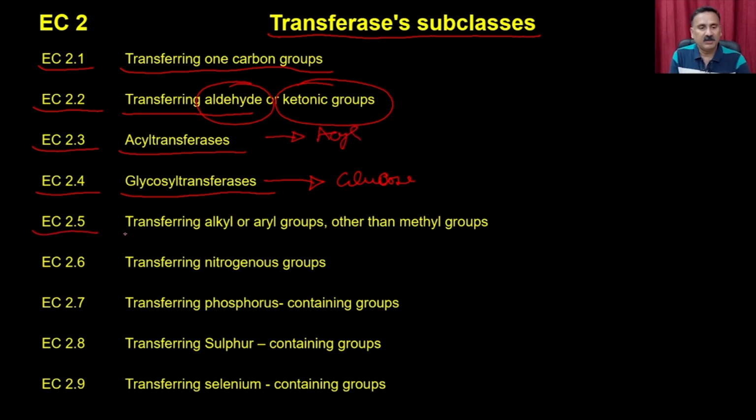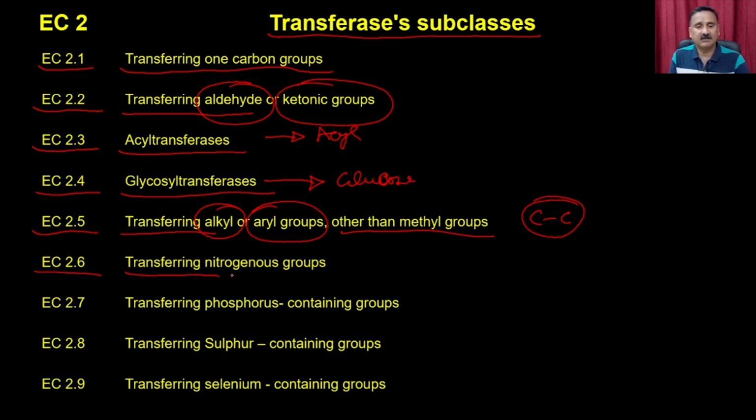Then we have EC2.5. These transfer alkyl or aryl groups, which means they transfer carbon groups other than methyl groups. Then EC2.6 enzymes transfer nitrogenous groups. EC2.7 enzymes transfer phosphorus-containing groups, which means kinases belong to this particular class.